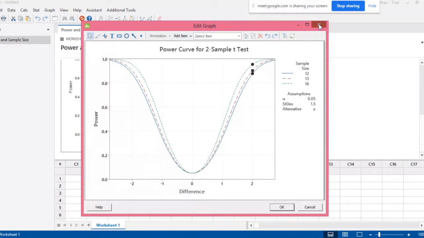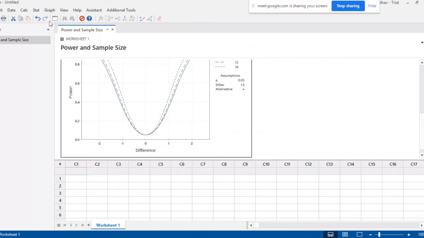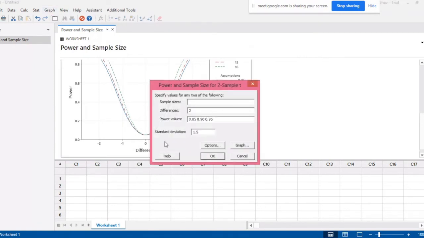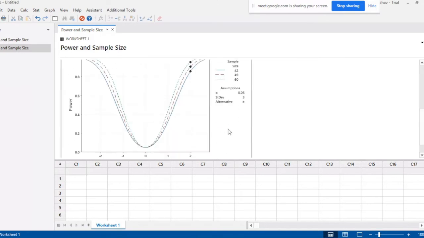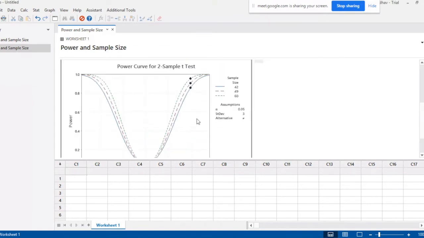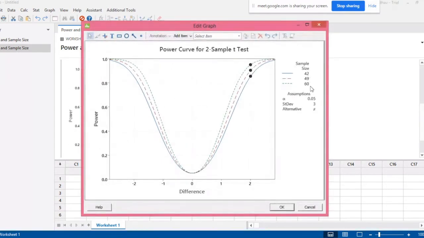Okay. Also, if your standard deviation changes, if standard deviation instead of 1.5 it is 3. So this is based on the past data. So here we can see your sample size is increasing because your standard deviation has increased. Is this clear?